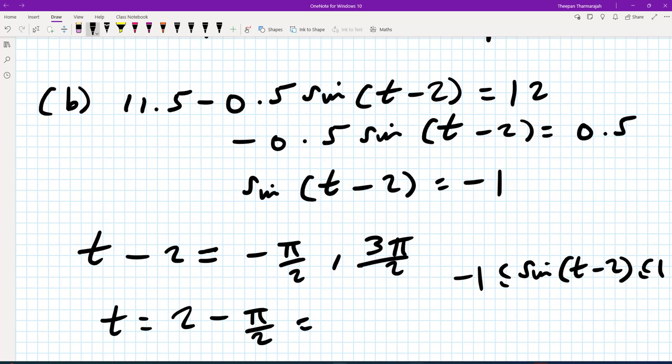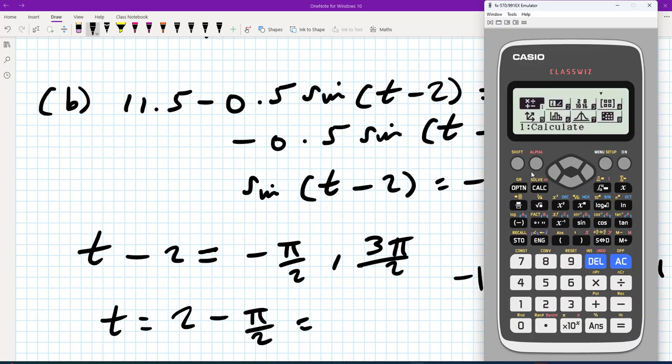Let's see what that gives me. We need to be in radians mode, so we change the mode, make sure we're in radians mode. So 2 minus pi over 2 gives me 0.429.